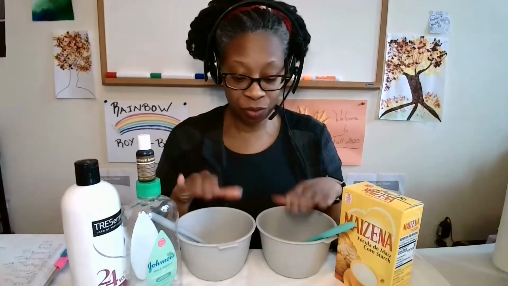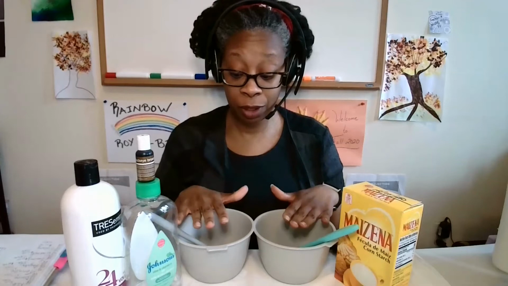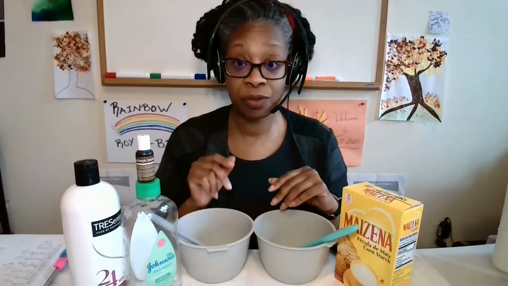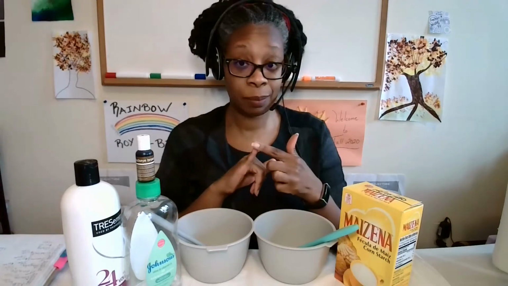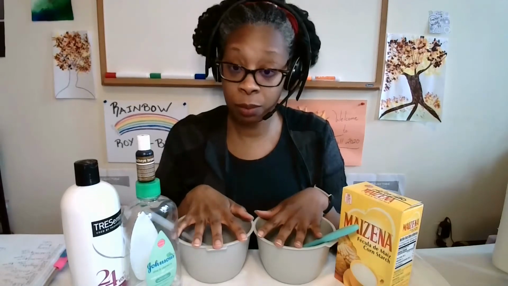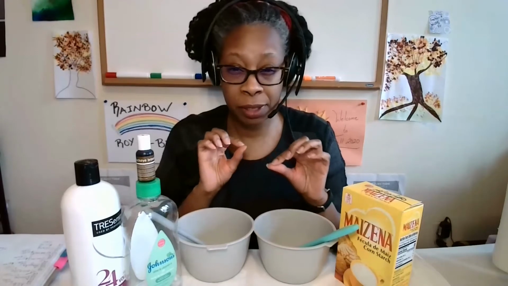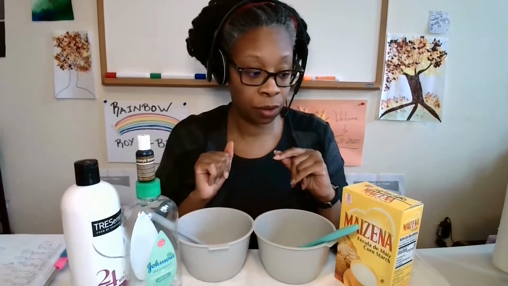Welcome back. As you can see, I have our materials and tools ready right in front of me. I've got 2 bowls because I want to be able to make 2 different formulas. Remember I said our last step is the redesign step, and so I want to be able to mix up another batch with some slight differences in another bowl.